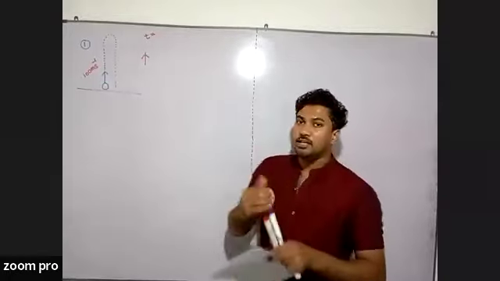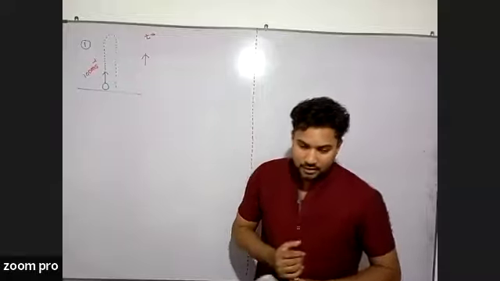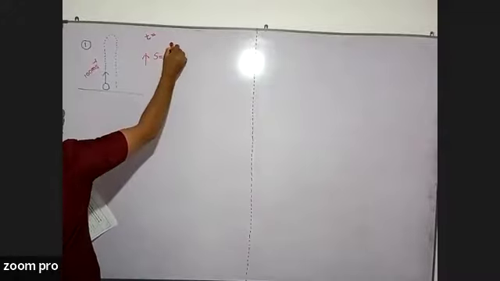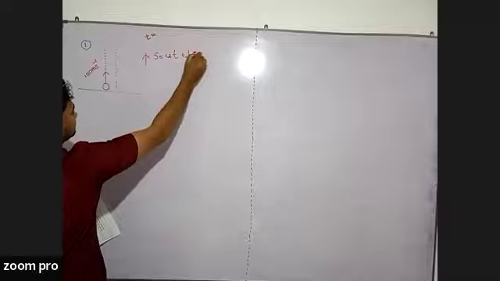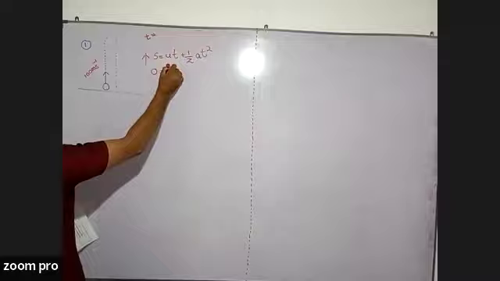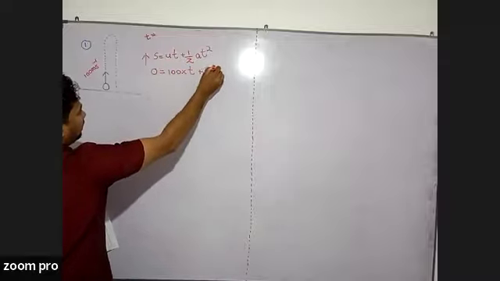So if you have an idea about the displacement and the time, what is the best equation that you need to apply? Obviously it's x equals ut plus half at squared. Then x equals 0, u is 100, time is the unknown term, half.